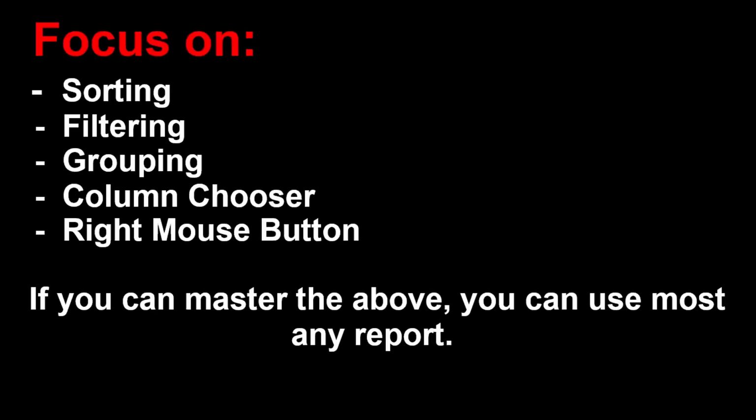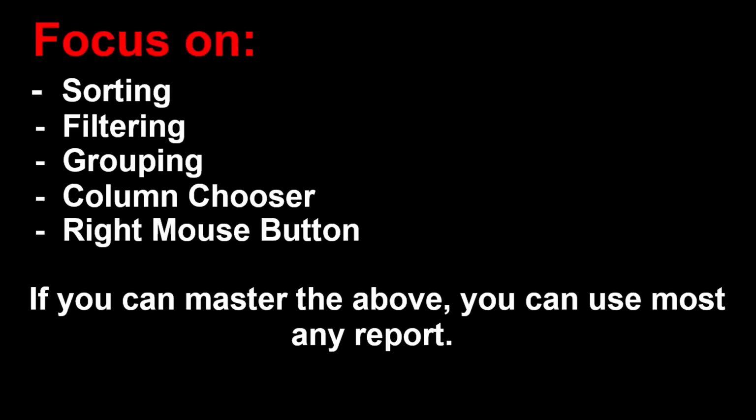The idea is that you have a screen up and you need to be able to sort comfortably, filter comfortably, apply a group to it, change the columns around, add things from the column chooser, which includes a custom formula, and then remembering every once in a while to right click and see what the options are.